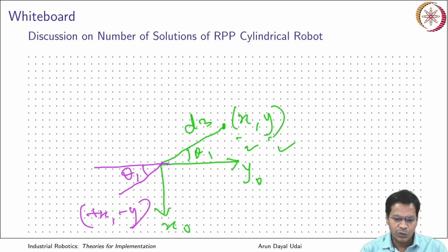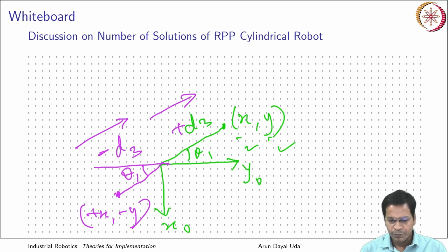But this is taking you here. So in order to go to the same place, instead of d3 coming as positive, like this, it should take you d3 as negative. Got it? So this time, instead of coming out this way, you have to go back in this direction. So d3 is negative in that case.